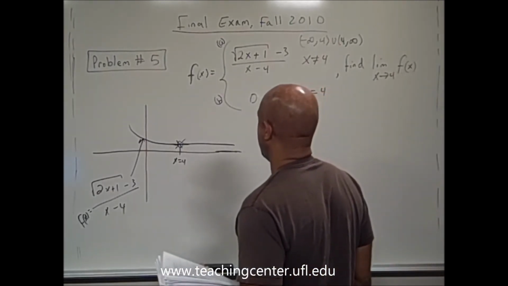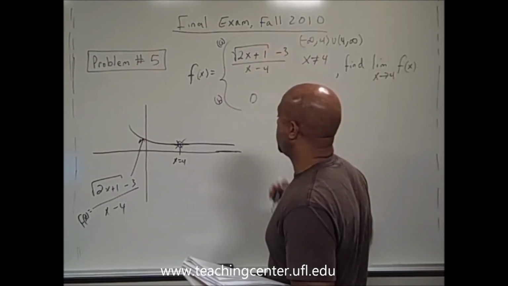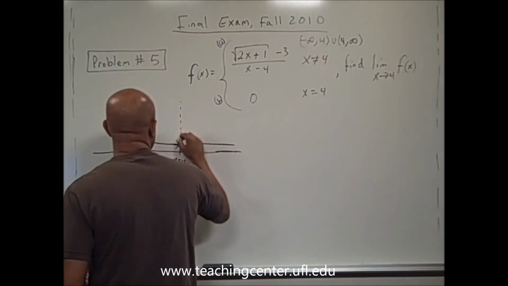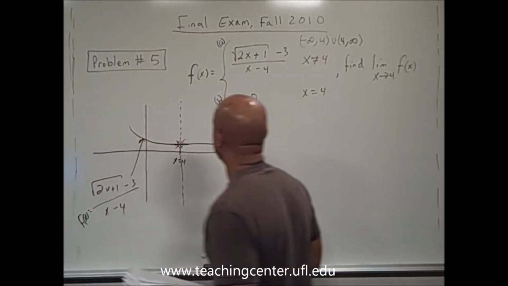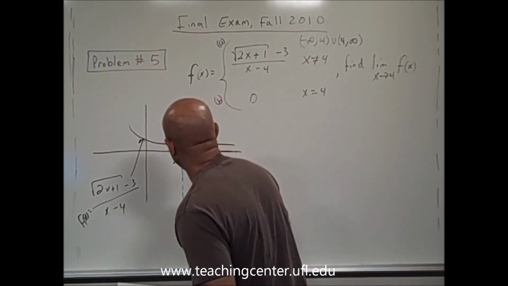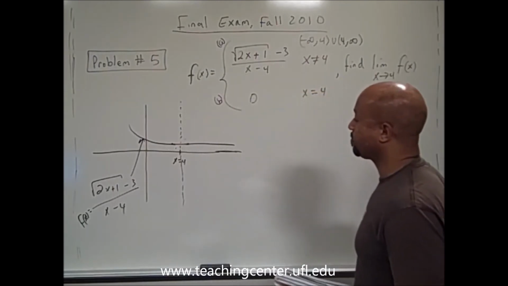Well, that's because you would think you would get a vertical asymptote at x is equal to 4.